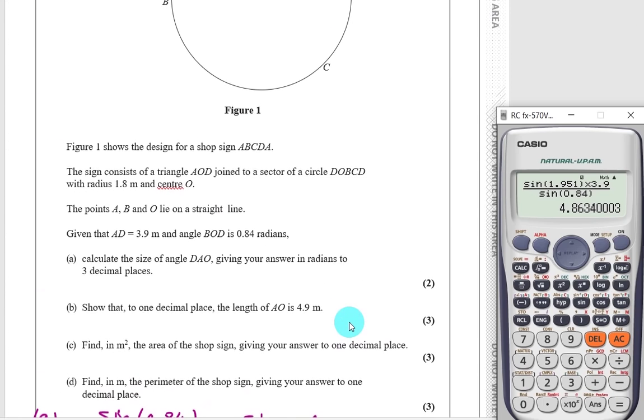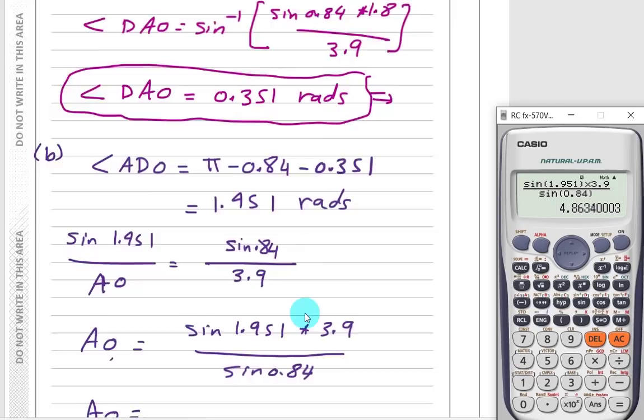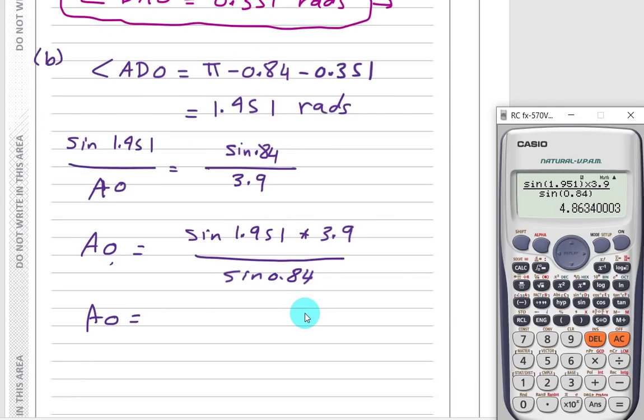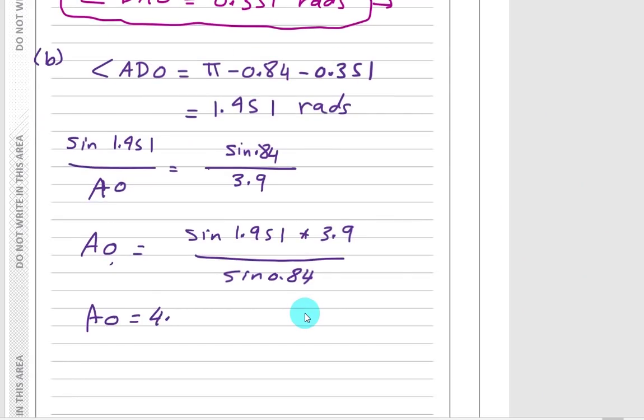So to 1 decimal place it is equal to 4.9 meter. And this is the answer that he needs.